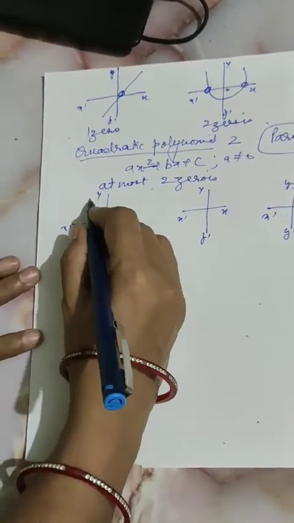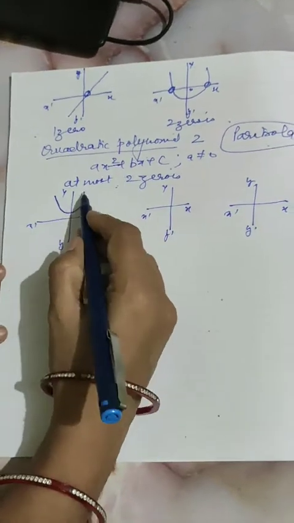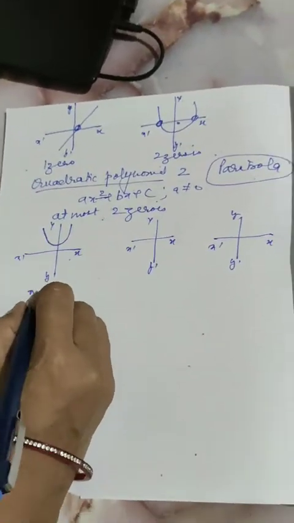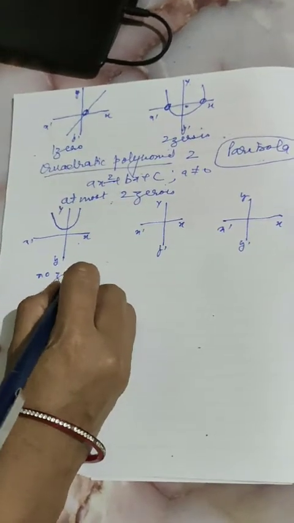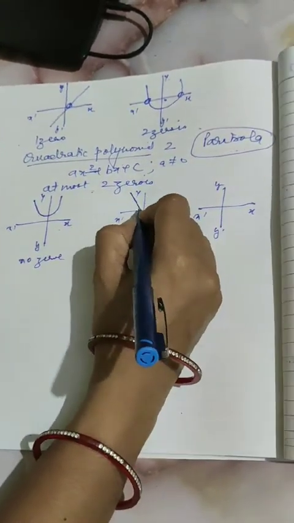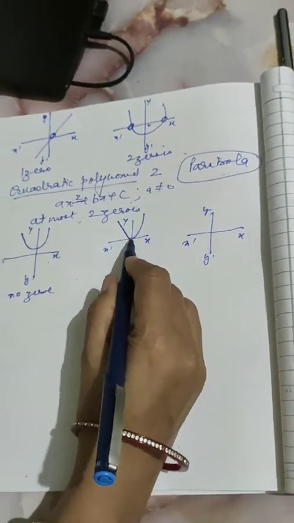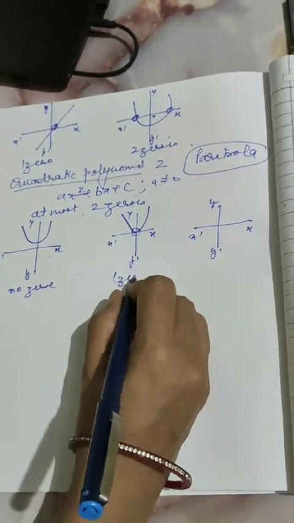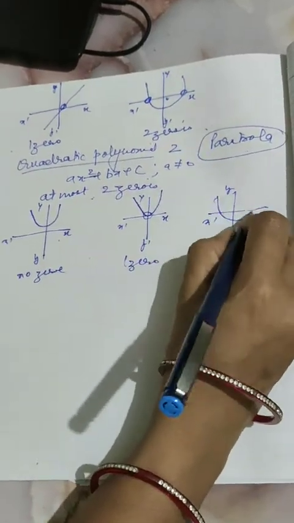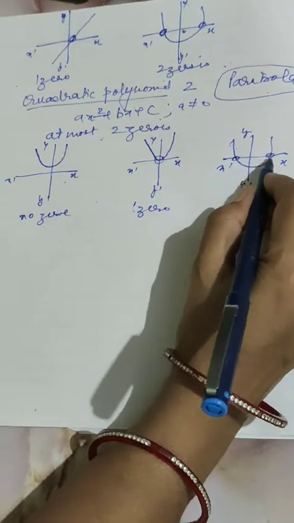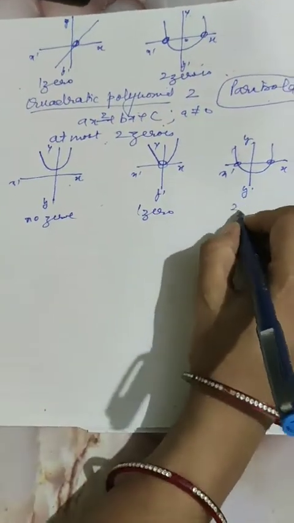First, you can see the parabola is not intersecting the x-axis. It means no zero. Here you can see it's intersecting the x-axis at 1 point. So 1 zero. Here you can see the parabola is intersecting the x-axis at 2 points. So 2 zeros.